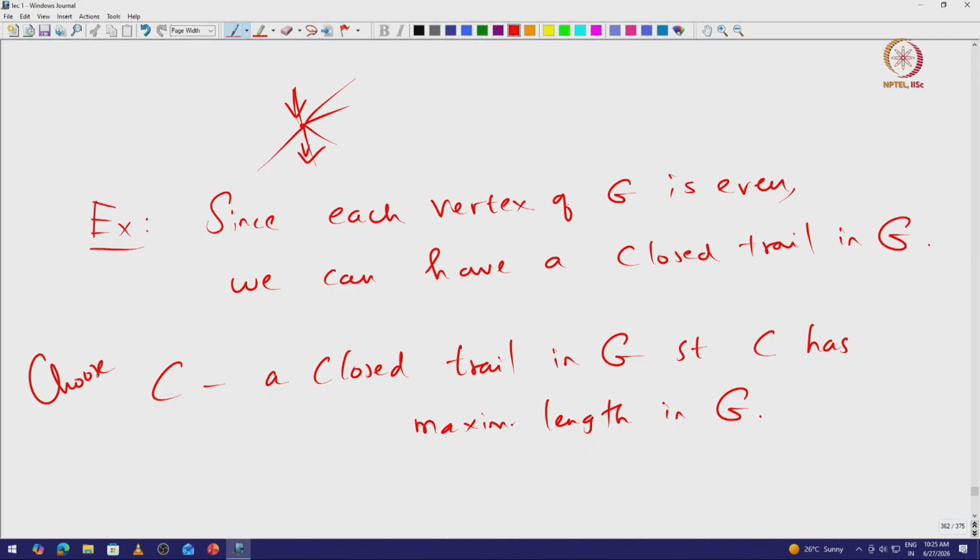If C is already an Euler tour, then we are done, but we are working with the counterexample. So, C cannot be an Euler tour.